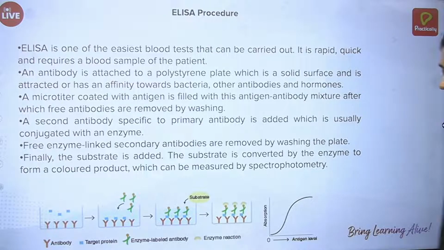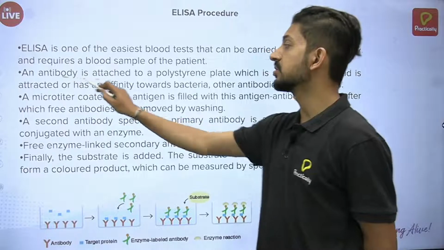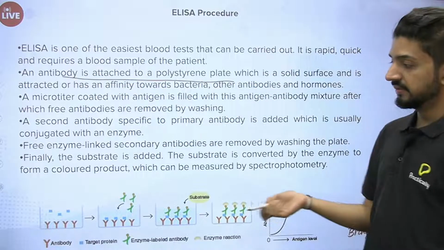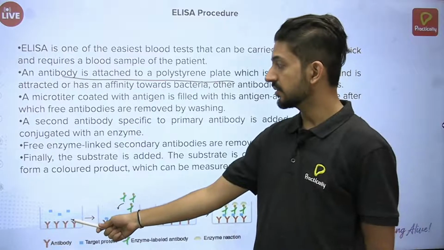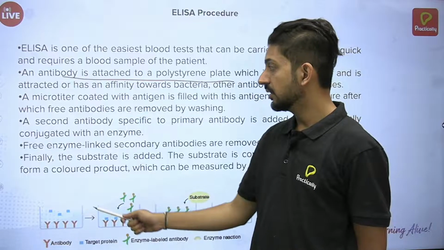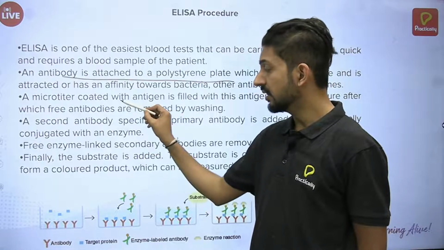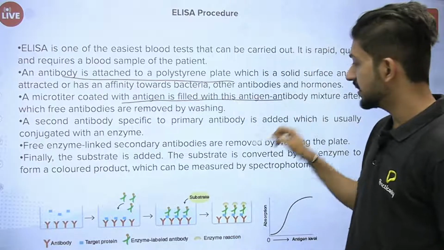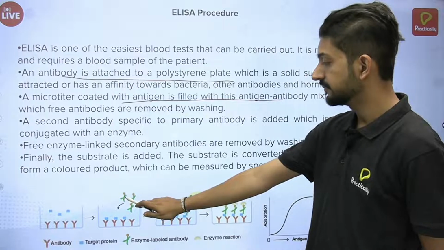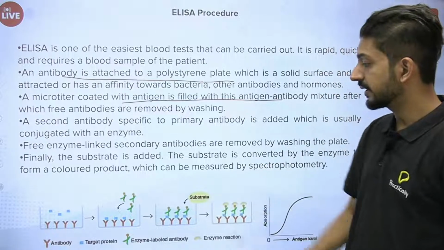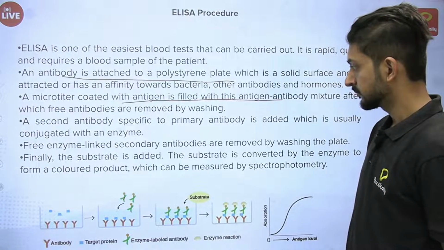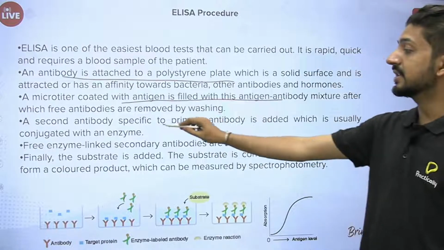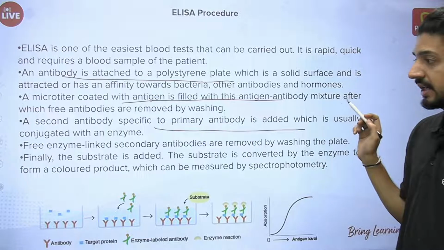First the antibody is attached to a polystyrene plate, which is basically the surface. As you can see, the antibody is attached to that. Then the coated plate is filled with the antigen antibody mixture. As you can see, this is the target protein, and a second antibody specific to the primary antibody is then added to it.